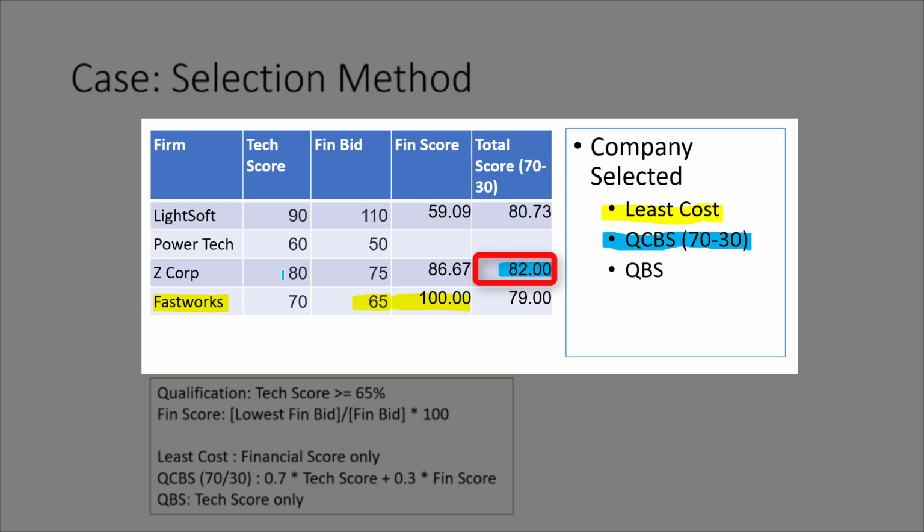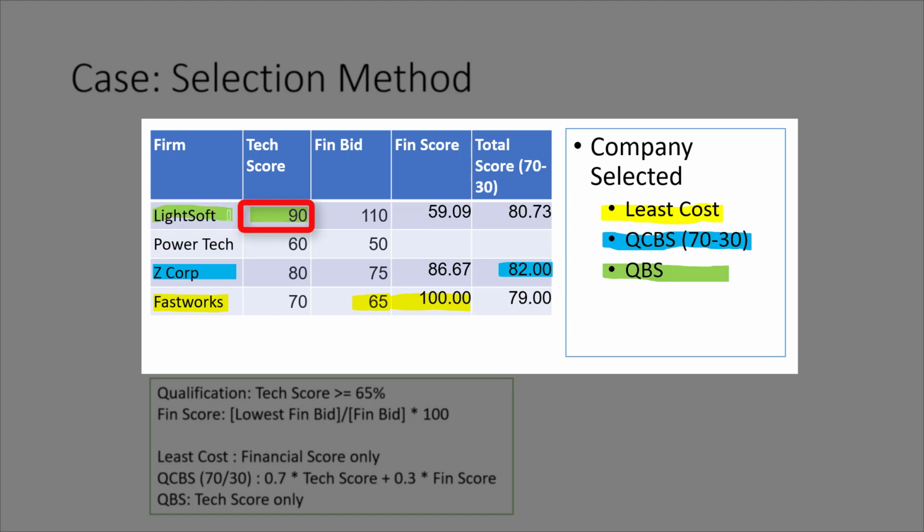That is with Z Corp. So we'll pick Z Corp as the successful bidder on QCBS basis. Finally, at QBS, we look at the highest technical score, which is Lightsoft, has 90, and hence we would pick Lightsoft as the selected bidder.